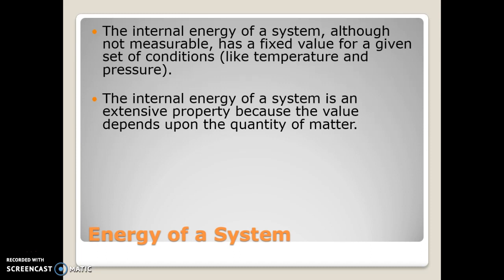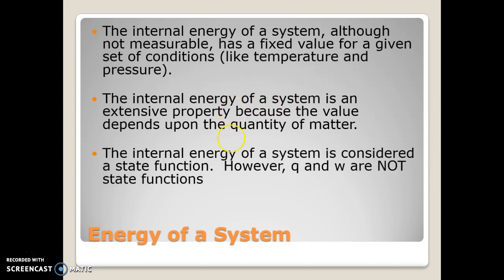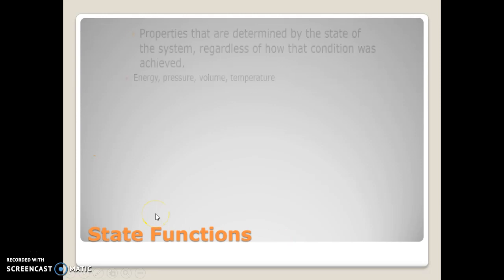If each molecule has the same average kinetic energy, more molecules still means more total energy. So that's what we're talking about there. It's an extensive property. But it also is something called a state function. Internal energy of the system is considered a state function. Q and W aren't, but let's take a look at what state functions are.